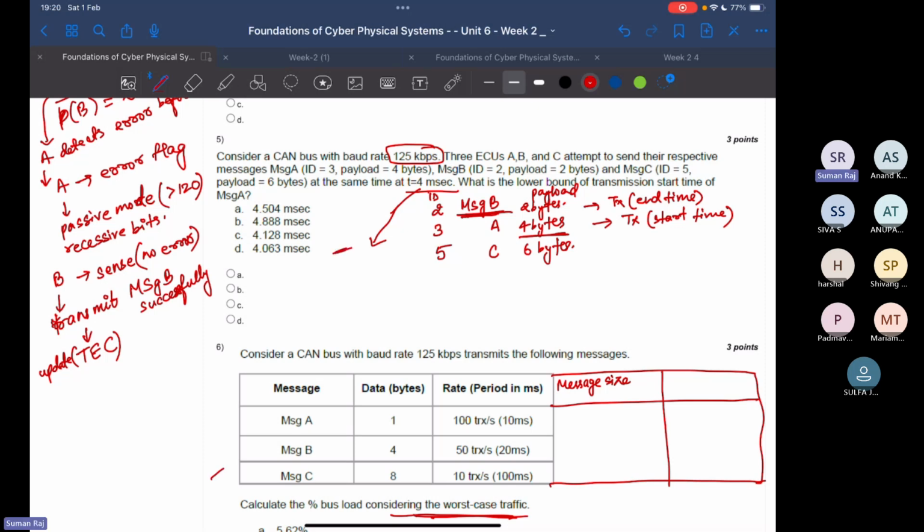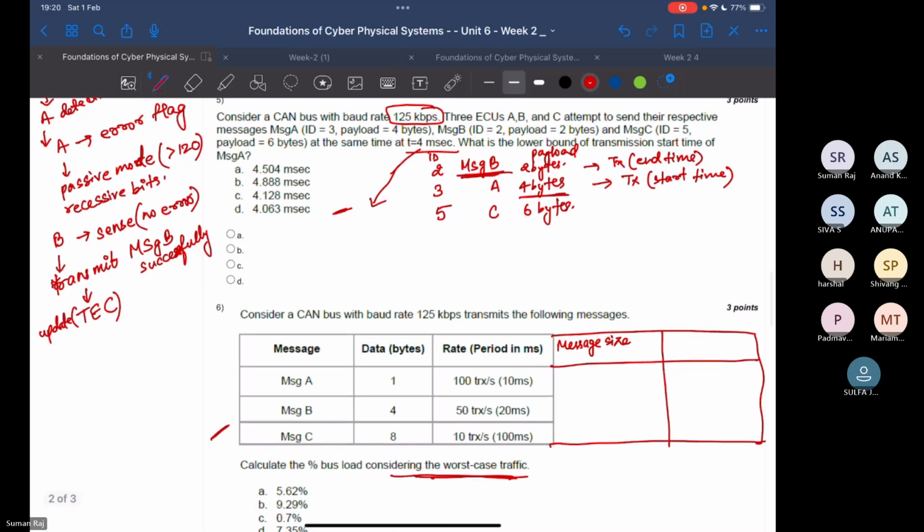Over here, it's talking about the capacity. But if you want, you can definitely create a similar table because it's going to be the same kind of calculations that you do over there also. So as I said, this message size will be the same.